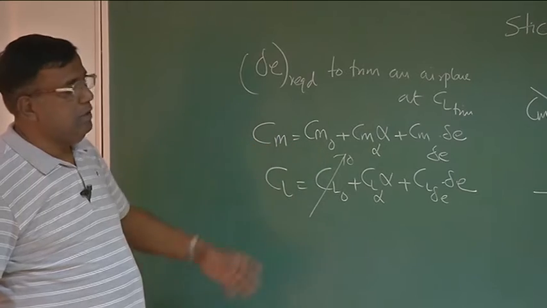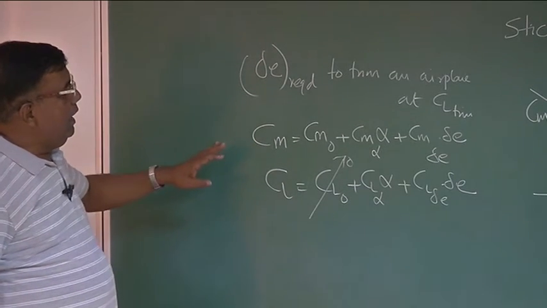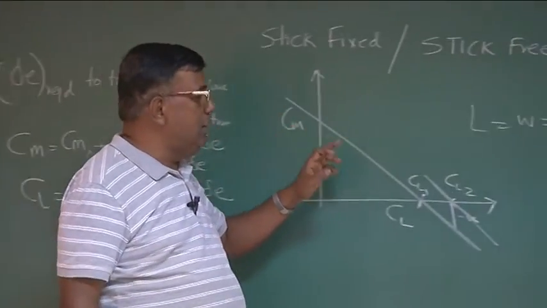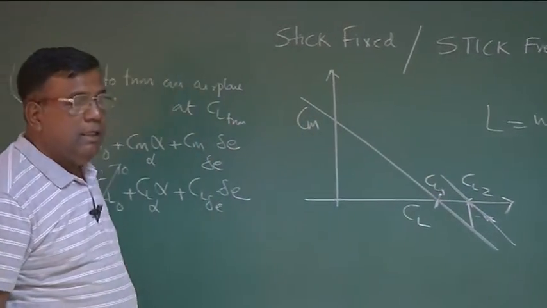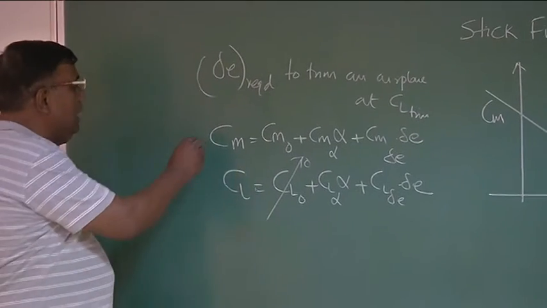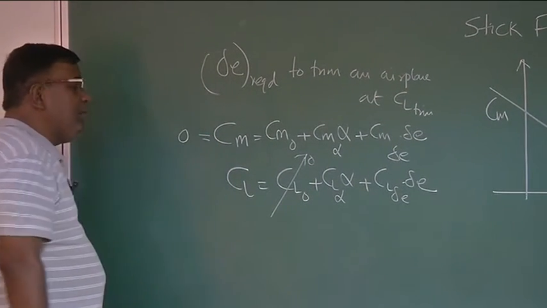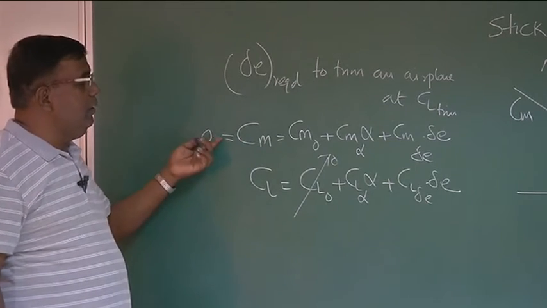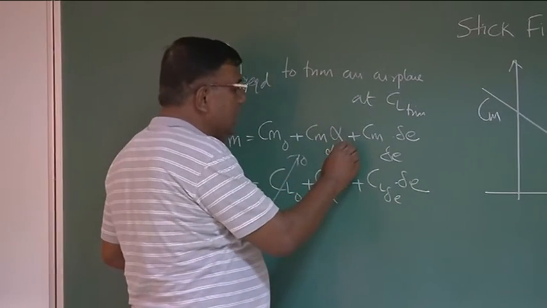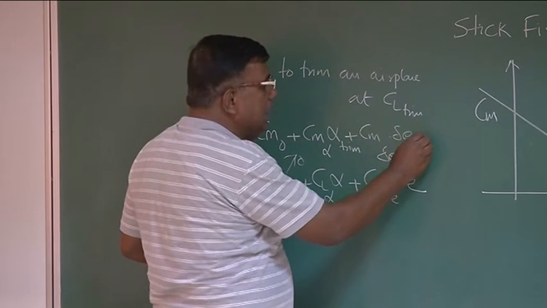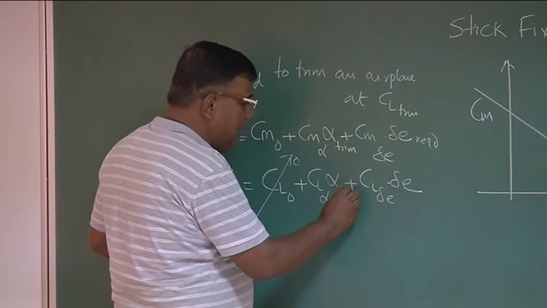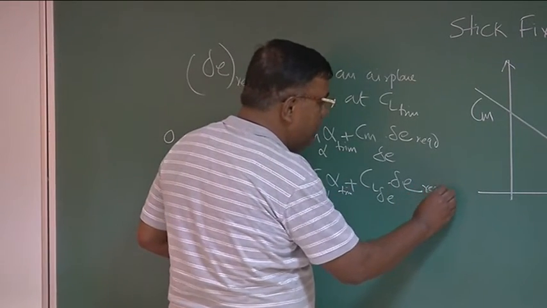You can always add those expressions. But what we have realized is, if I want to fly at a particular CL, and that is to be a trim point, then at that point CM should be equal to 0. So we put CM equal to 0, and this alpha is the alpha trim, and delta E is the delta E required. Similarly here, alpha trim and delta E required.